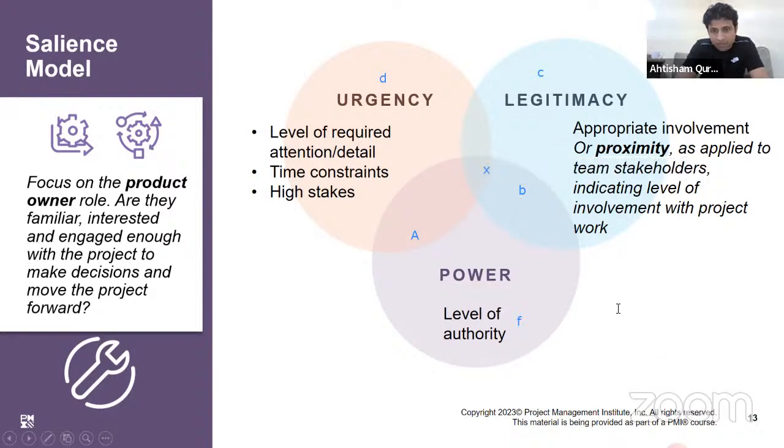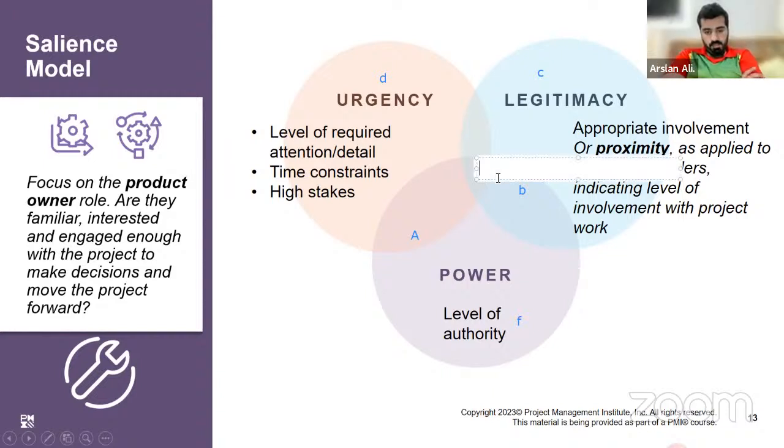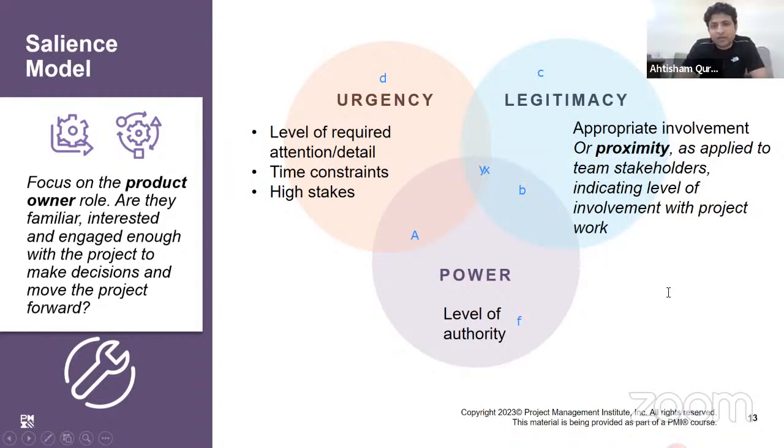This is a scary man because he has everything. He has urgency, legitimacy, and power. So X, Y, Z, these are the stakeholders who are called, in other terms, definitive stakeholders.